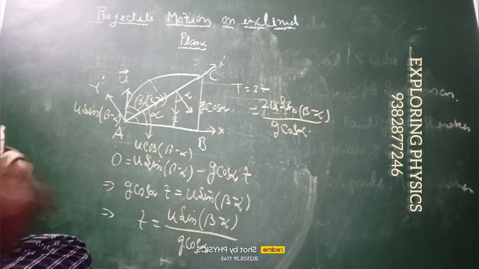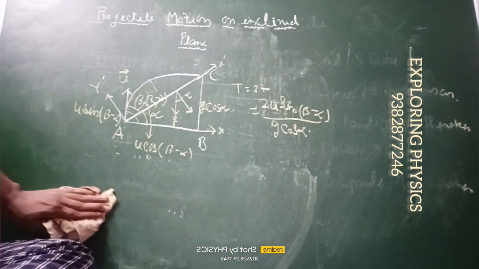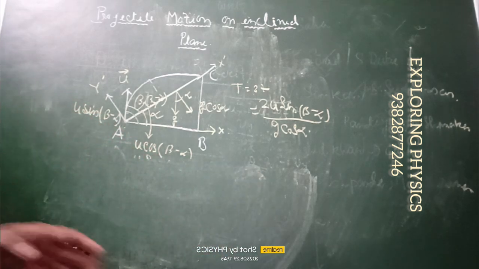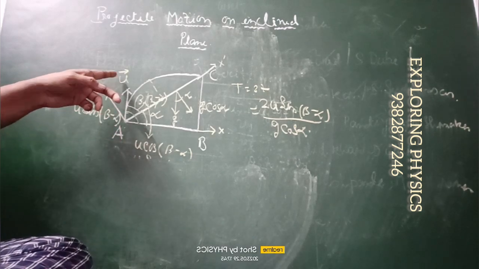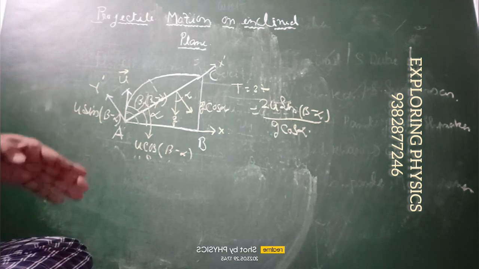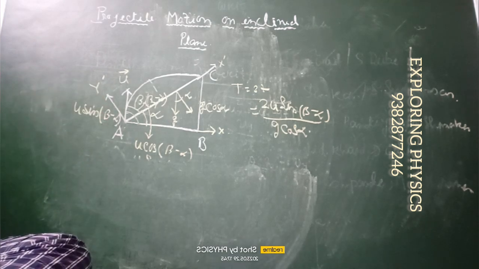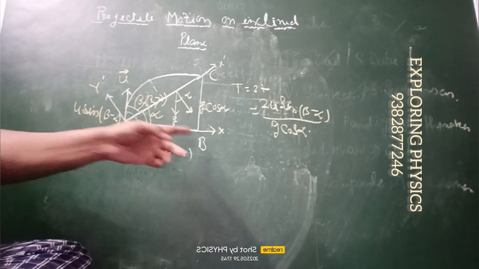Now we have to find the range of the projectile. The velocity is u, and we have to find the horizontal distance from the actual point of projection of that object, that is the point A. So we have to find AB.